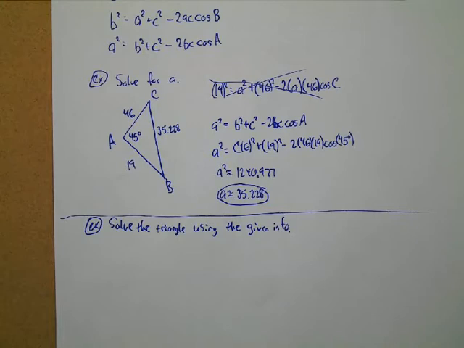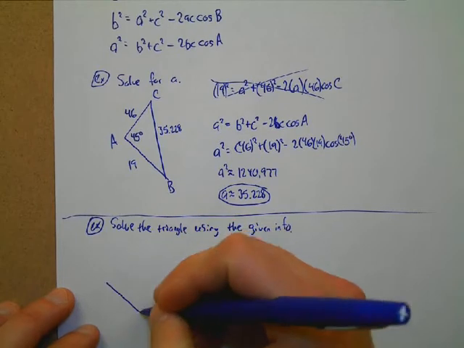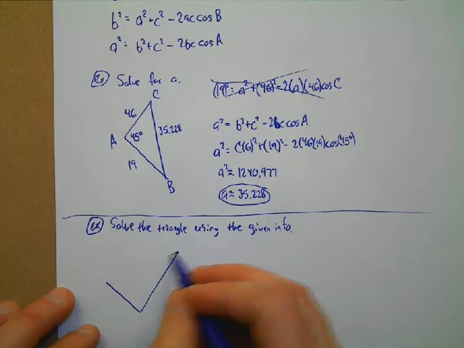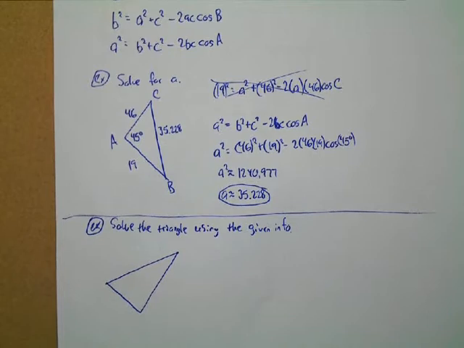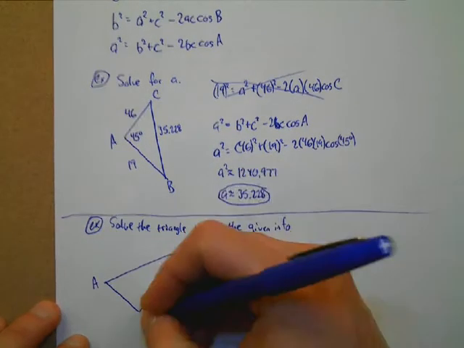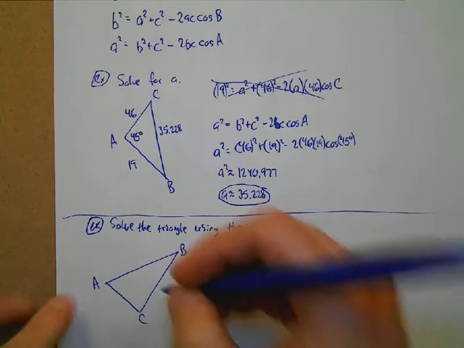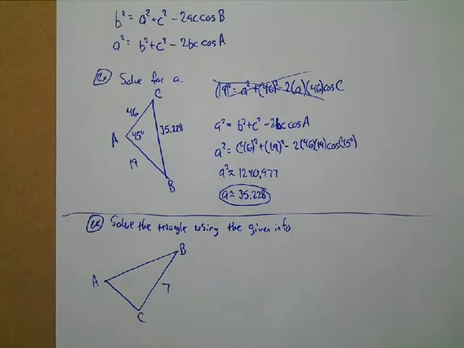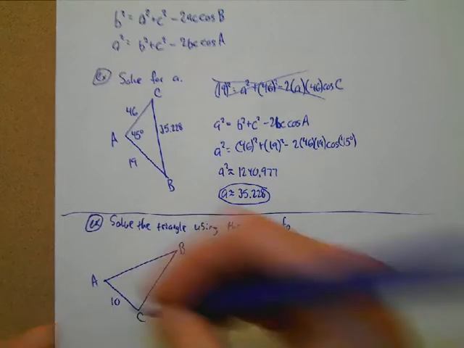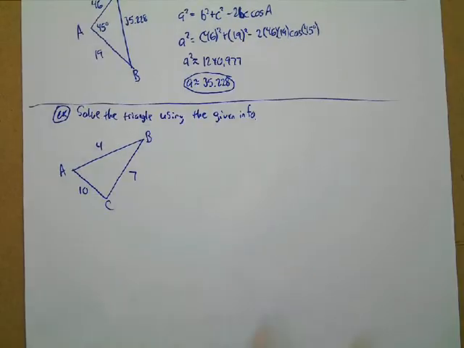Let's say that we've got our triangle here, ABC. It's not drawn to scale. We'll say that side A is 7, side B is 10, and side C is 4. So definitely not drawn to scale here.